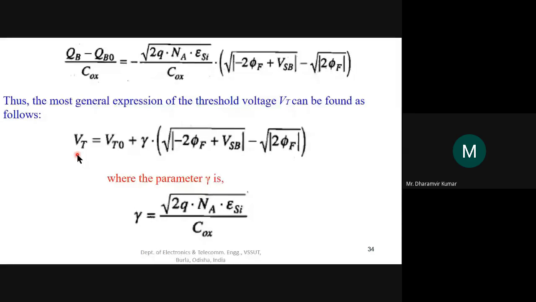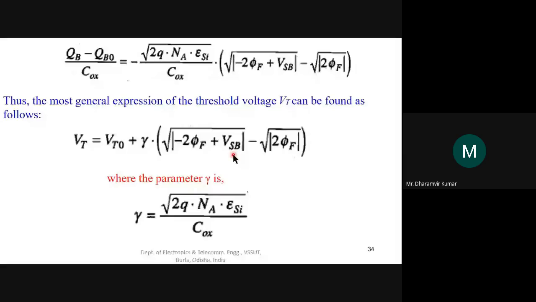The doping density is Na, and Na is appearing here, and it will come here eventually. So in a way it is directly proportional to Na. When Na increases, the threshold voltage increases, and it is also proportional to VSB.